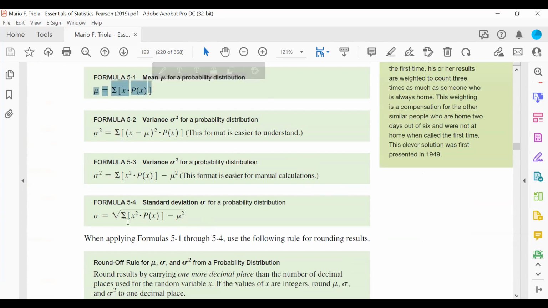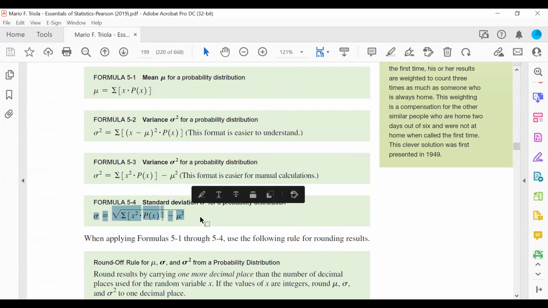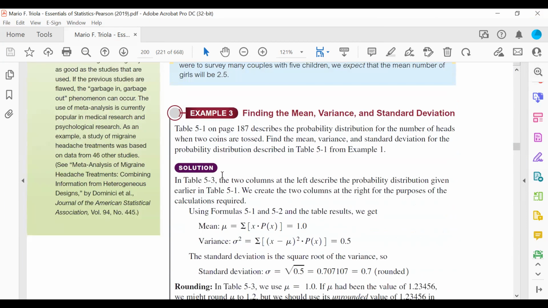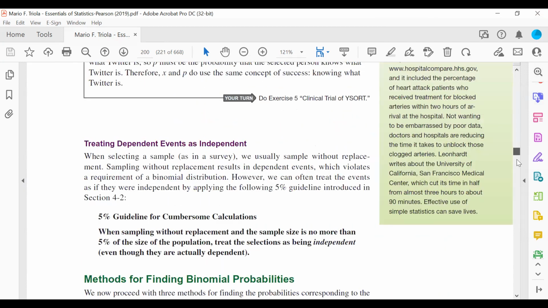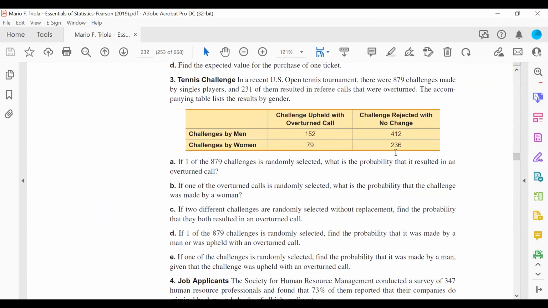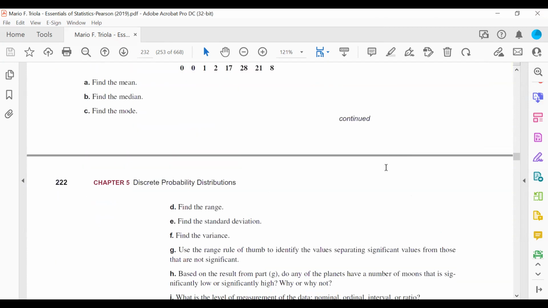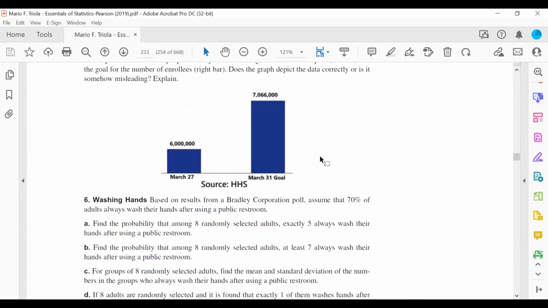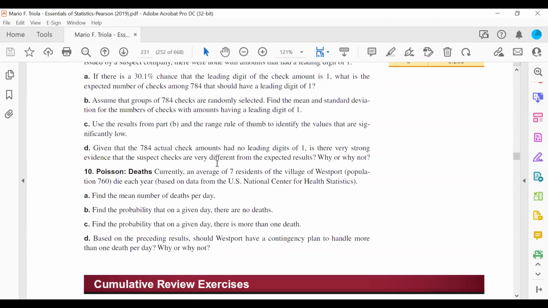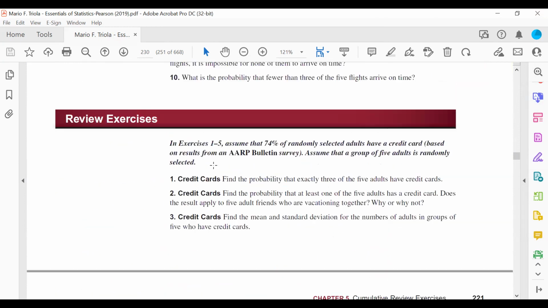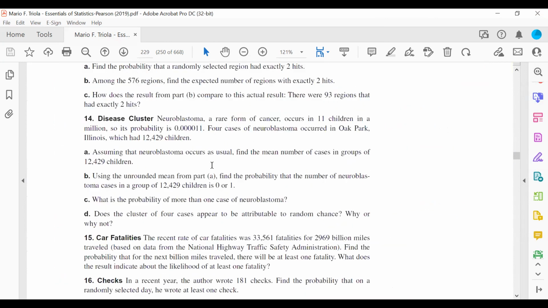And then here's the formula for the standard deviation. Right there, just like I had written it.